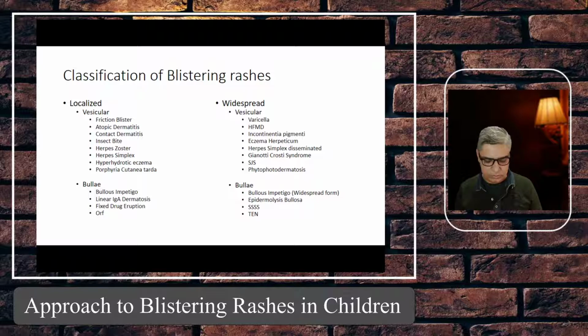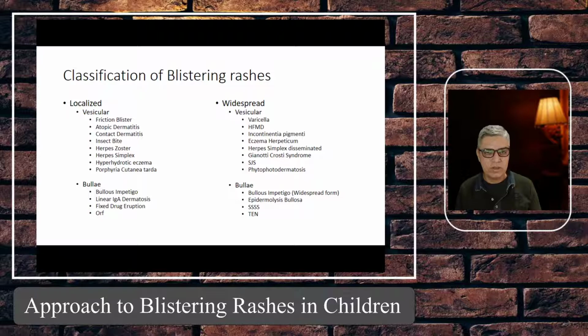Another important cause of localized vesicular lesion is atopic dermatitis. Atopic dermatitis, also known as eczema, can present in two flavors. It could be either a localized or a widespread lesion depending on the severity of the condition. So in very mild cases, you might see a patch of eczema here and there on the body. For example, in babies, you might see it on the face and on the flexor surfaces.